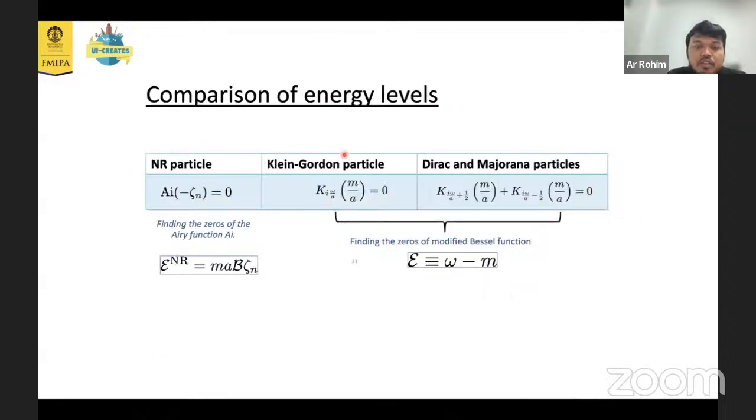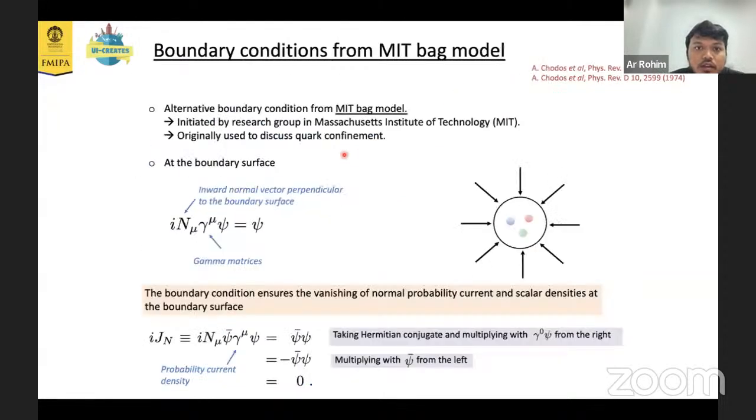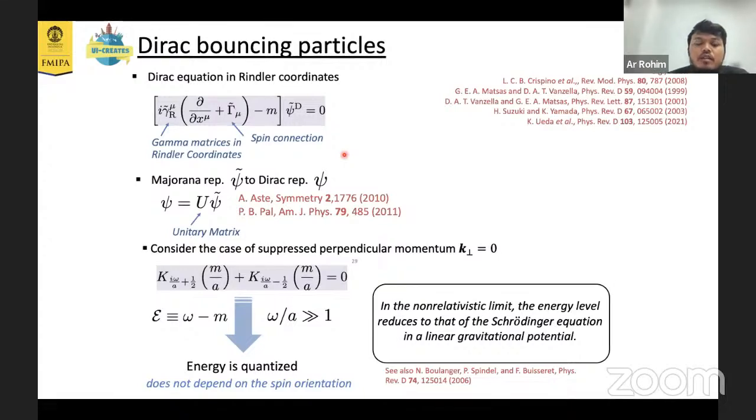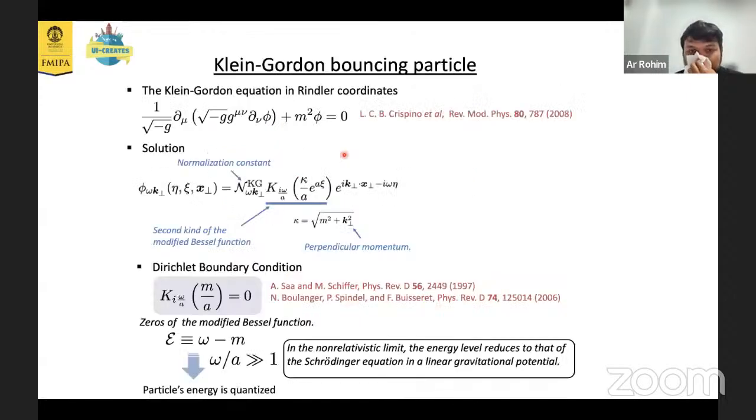What we discussed previously is for Dirac bouncing particles, and you can also do the same things for Klein-Gordon bouncing particles. If you consider the Klein-Gordon bouncing particles, then you can also find the corrections to the energy levels of non-relativistic particles.